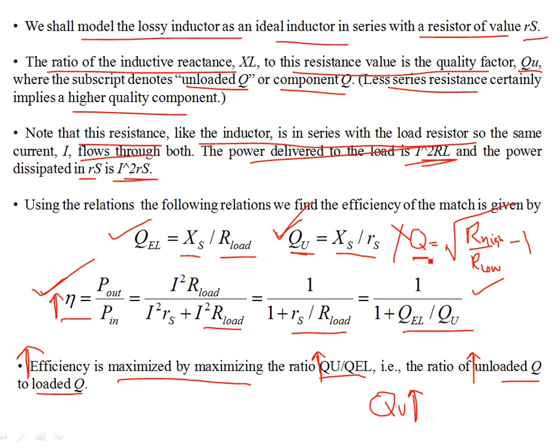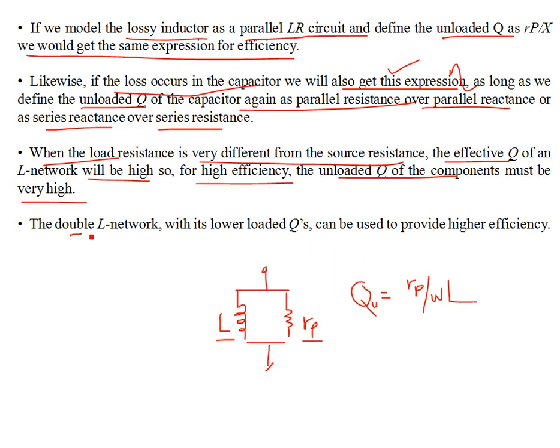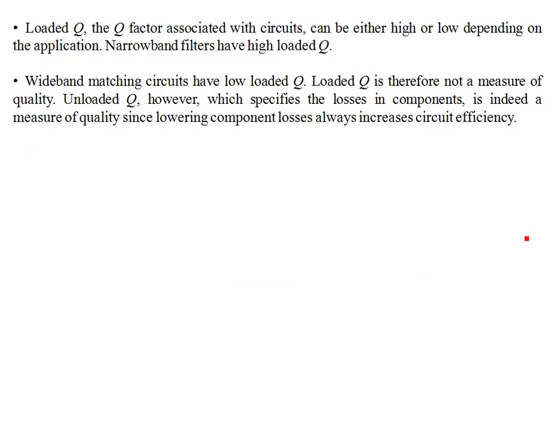But that can be compromised if the component quality factor is low, so you need a very high component Q. The double L network, for example, has a lower Q, and with its lower loaded Qs it can be used to provide higher efficiencies if the component Q is high.